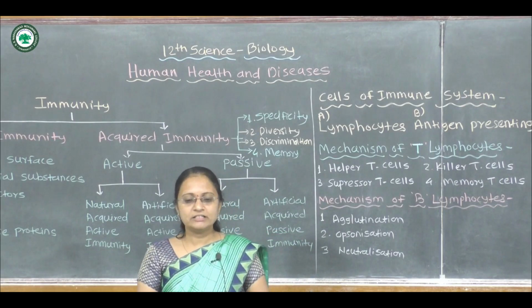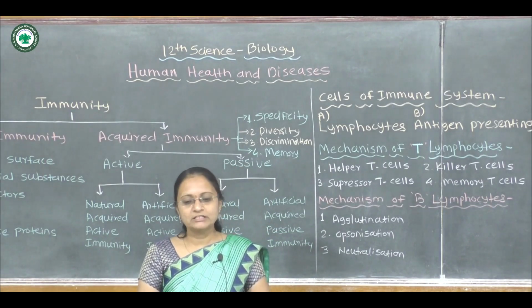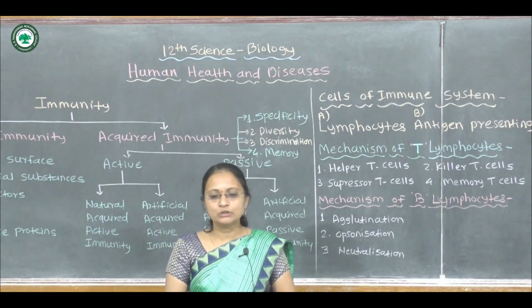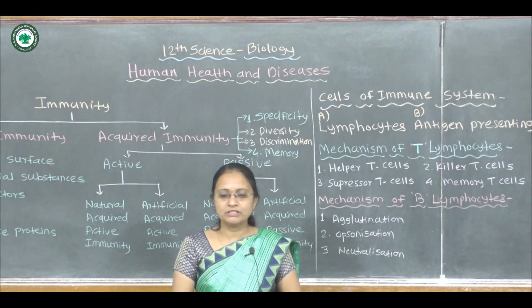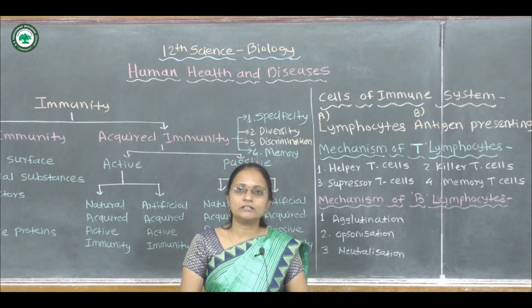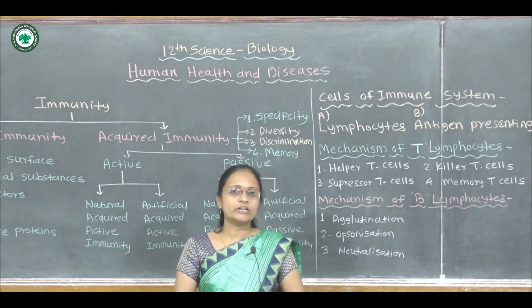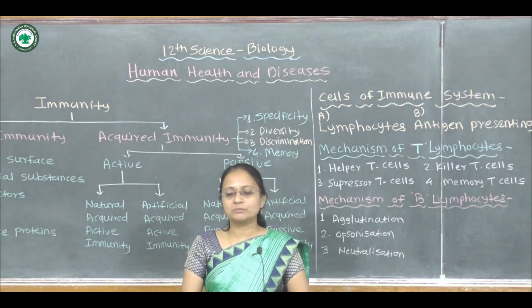The killer T cell binds and secretes perforins. These perforins form a hole in the infected cell, and they also release substances to kill such cells. Hence the name cytotoxic T cell, because a pathogen like a virus has to be killed by the secretion of such substances.